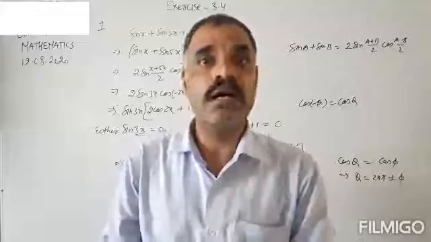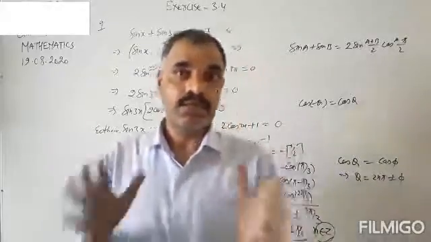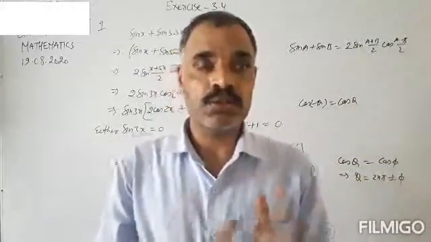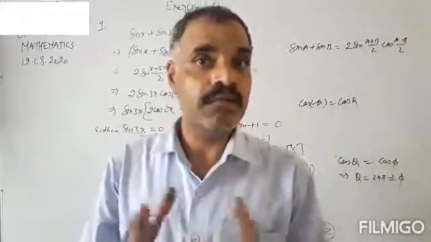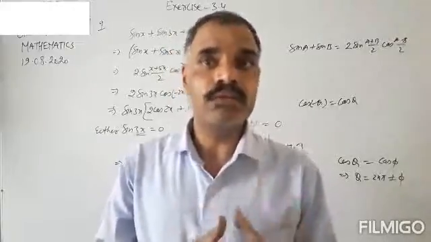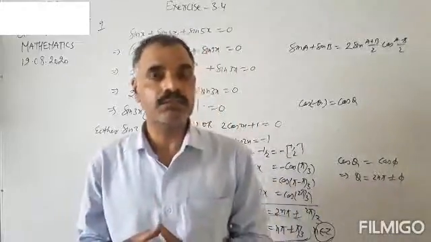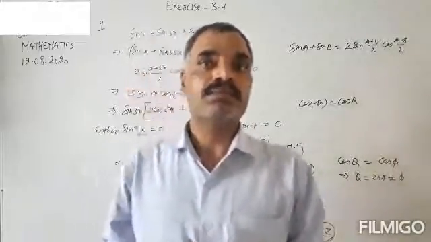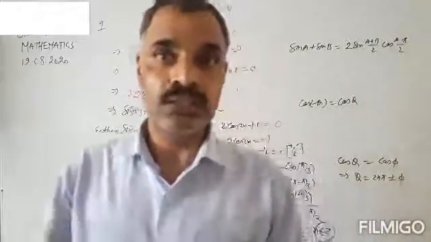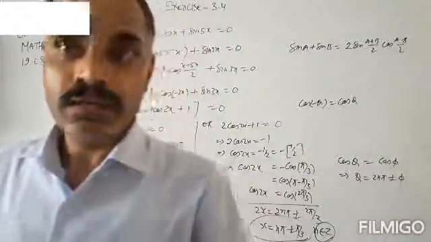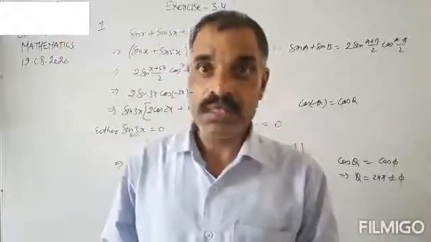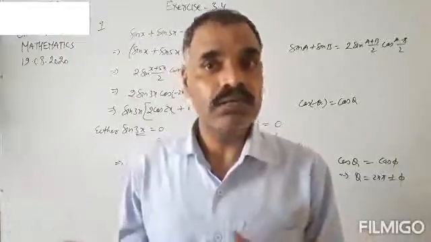Let us make the difference. A particular solution is a solution of the trigonometric equation which lies in the closed interval 0 to 2 pi, where 0 and 2 pi both are included.